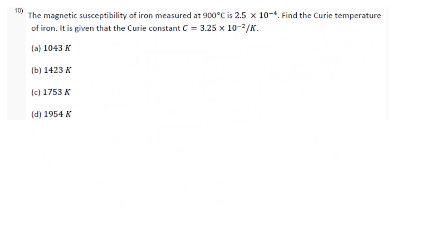Okay, next question. The magnetic susceptibility of iron measured at 900 degrees centigrade is 2.5 times 10 to the power minus 4. Given the Curie constant 3.25 times 10 to the power minus 2 per Kelvin.